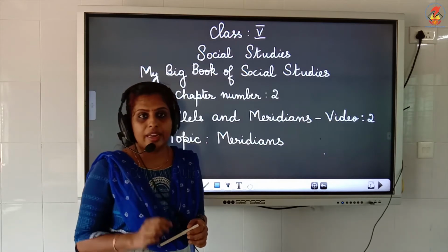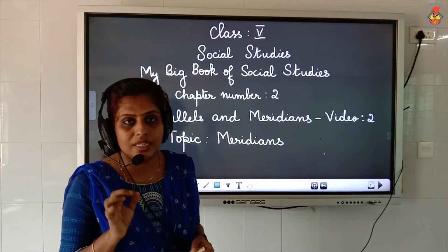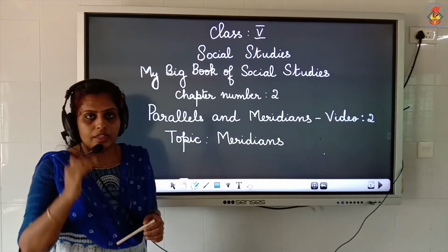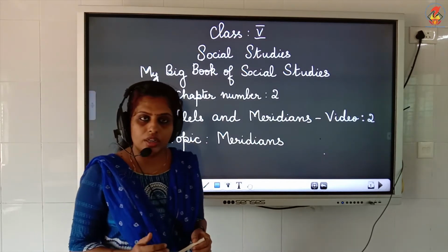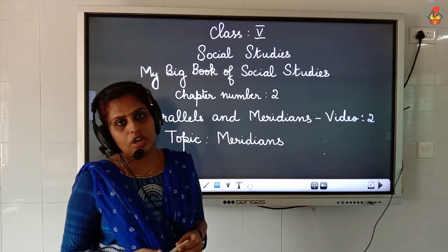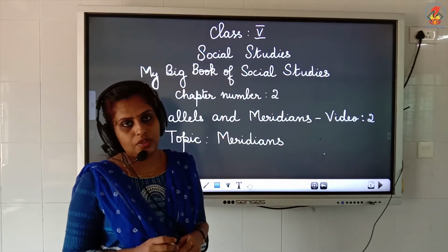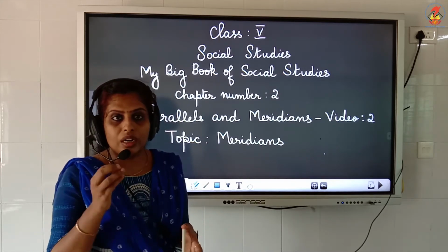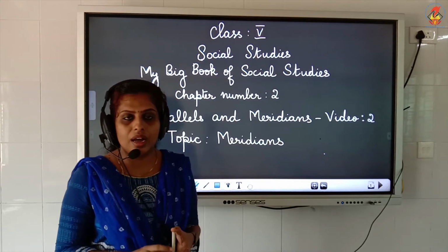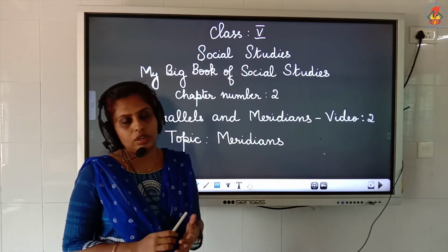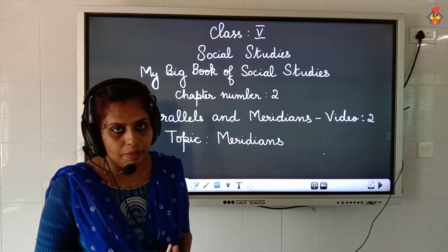And we said that the equator is the longest parallel which divides the earth into two halves. The top part is called the northern hemisphere and the bottom part is called the southern hemisphere. We learnt about the important features also. We learnt how the parallels are numbered. And we learned another important point, that was the important parallels.